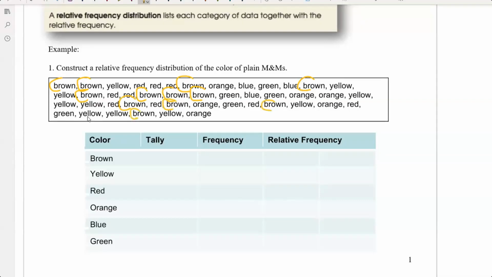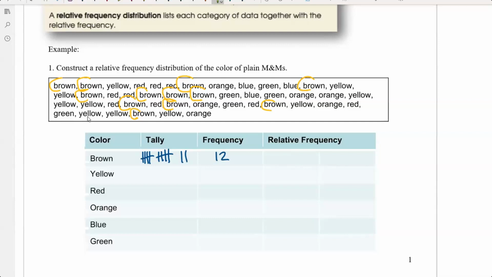Okay, so we have 12 brown. And I'm writing the frequency, exactly the same number, on this part.